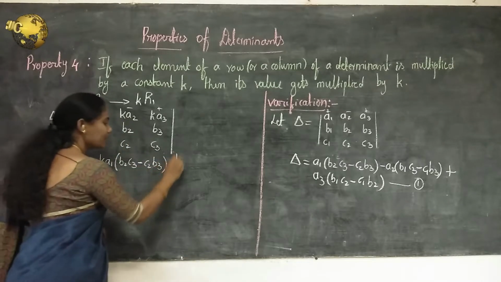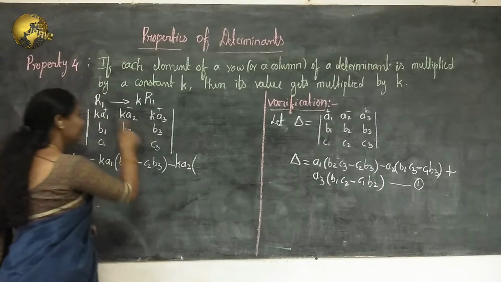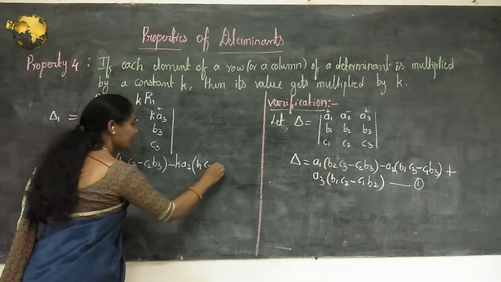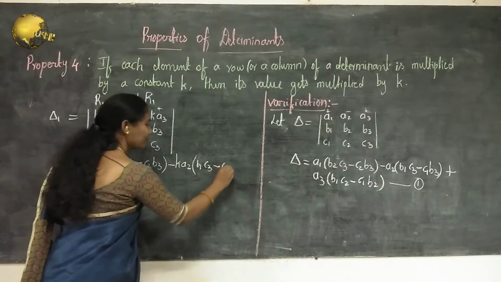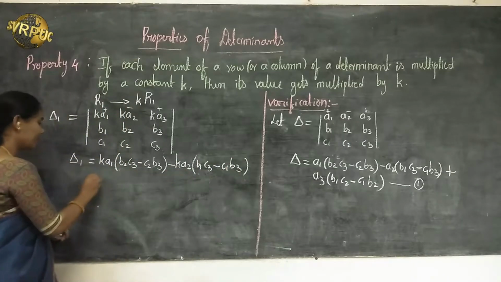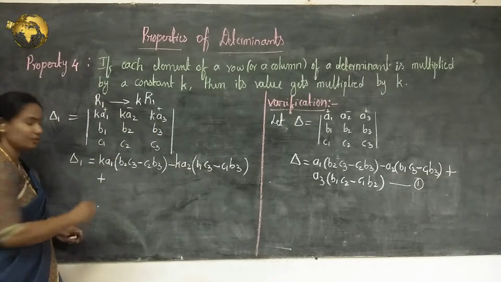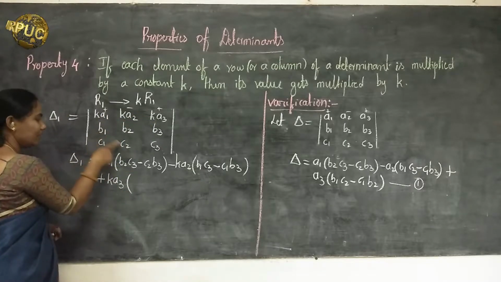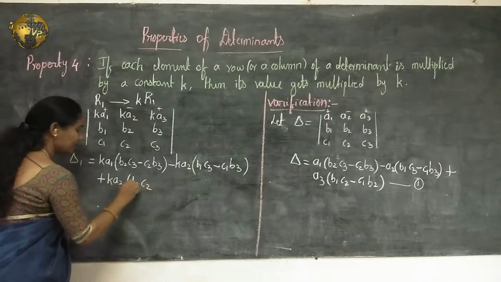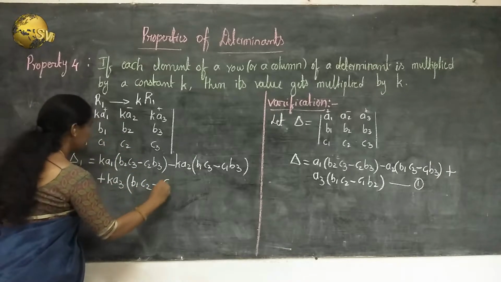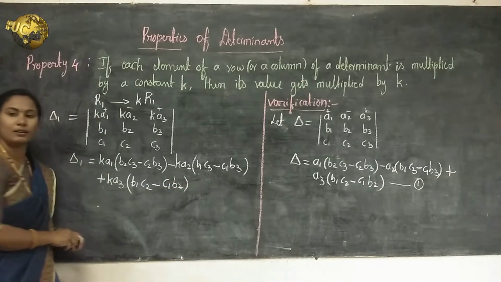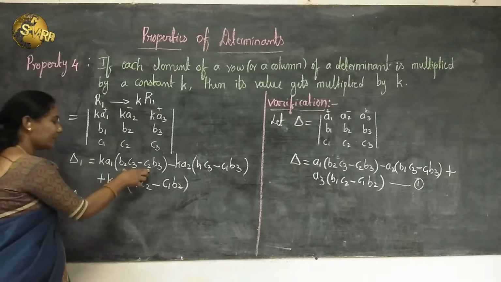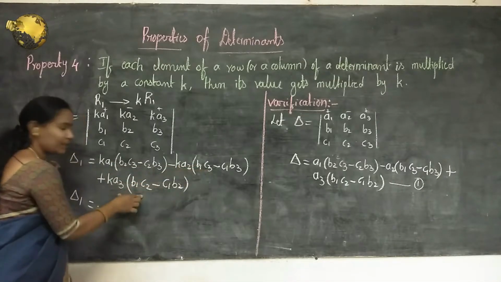Next, minus k into a2 into b1 c3 minus c1 b3, plus k into a3, the third element, into b1 c2 minus c1 b2. In delta 1, this is the first element, second element and third element.